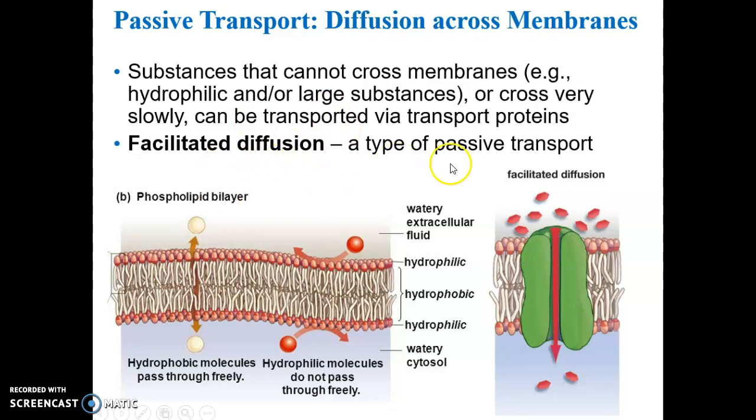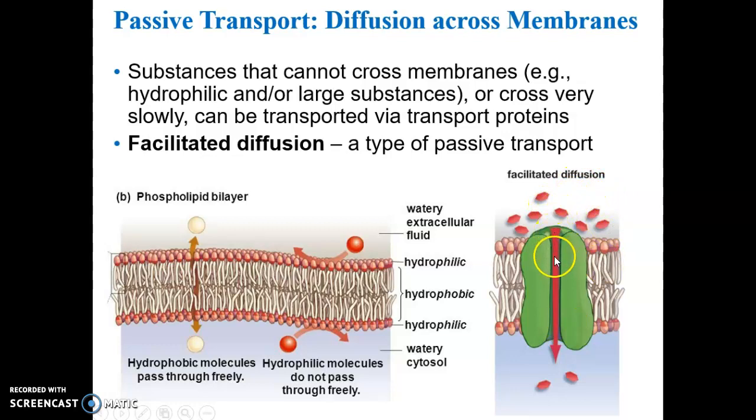Facilitated diffusion is another type of passive transport across the membrane where the cell produces and places a protein in the membrane that acts as a channel for particular substances that can't get across the membrane on their own. In this example, what's pushing these substances, like glucose, into the cell is not energy, it's just the concentration gradient.